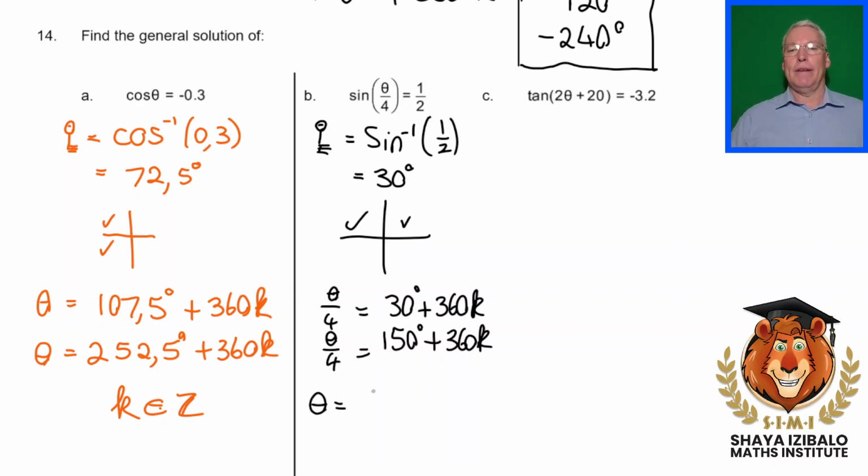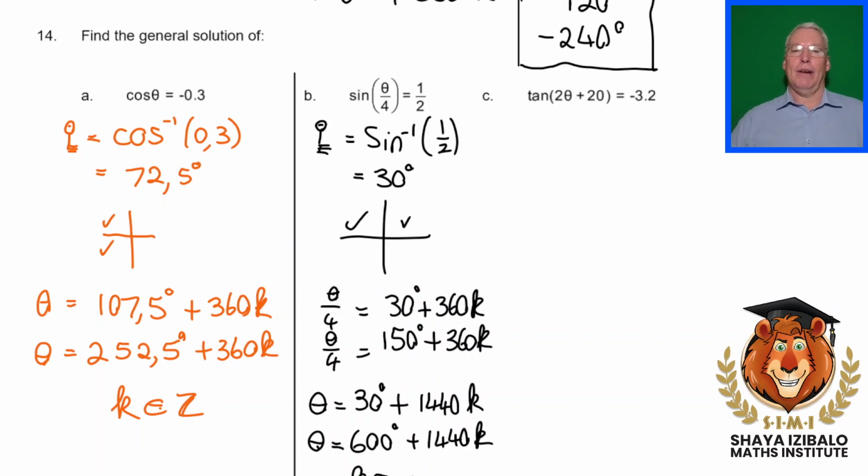When we multiply 360 by 4, we get 1440k, and when we multiply 150 by 4, we get 600 plus 1440k. k is an element of z. I quite like to work out some strange angle with a whole number value of k and confirm that in fact it is a solution. So let's do just that.